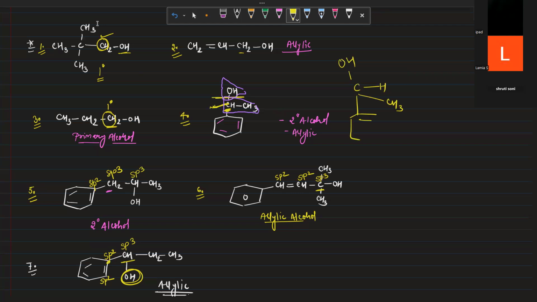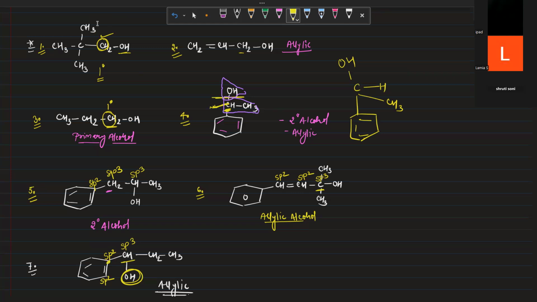Oh, okay, yeah. So the carbon is fully bonded together, including OH. OH is a part of the whole hybridization of that carbon, right? Yes. Okay, because when I wrote down allylic in my notes, I was a little confused.